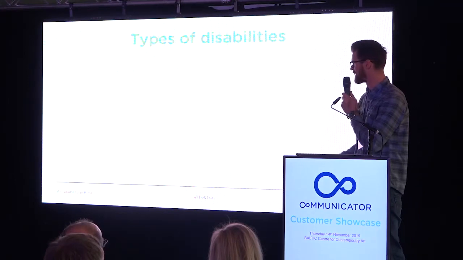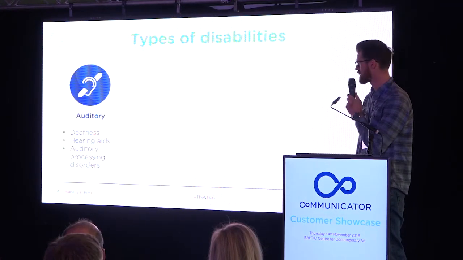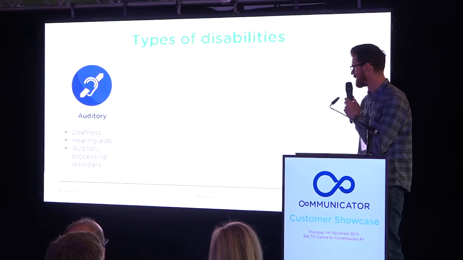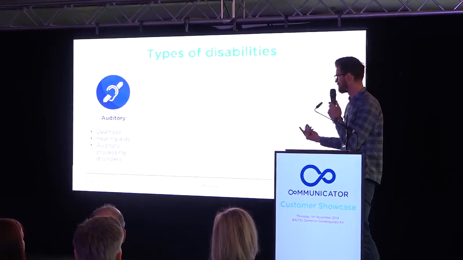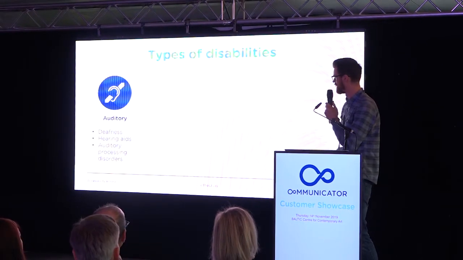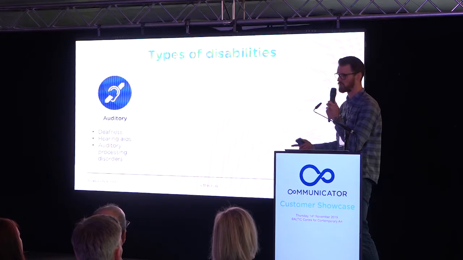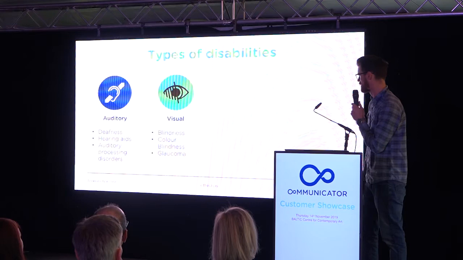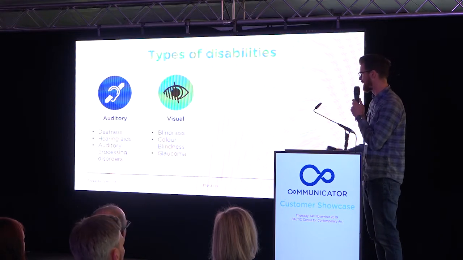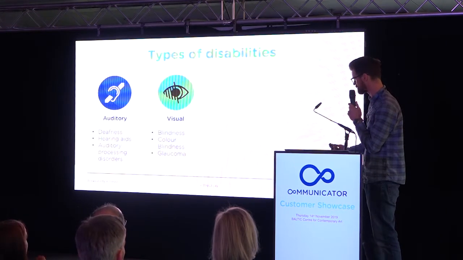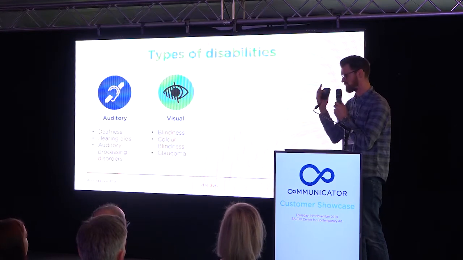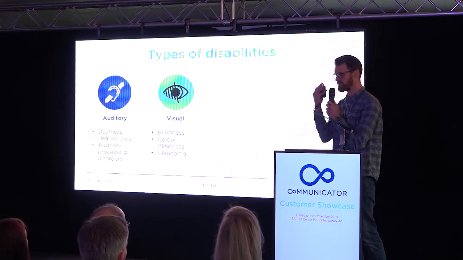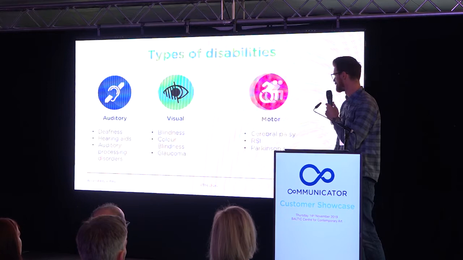So the types of disabilities. Auditory, so things like deafness, hearing disorders. If you wear a hearing aid, I think everyone's probably seen hearing loops in banks and things like that. There's visual, so not just not being able to see at all, there's colour blindness, there's glaucoma, so you might have patches of your vision that are missing.